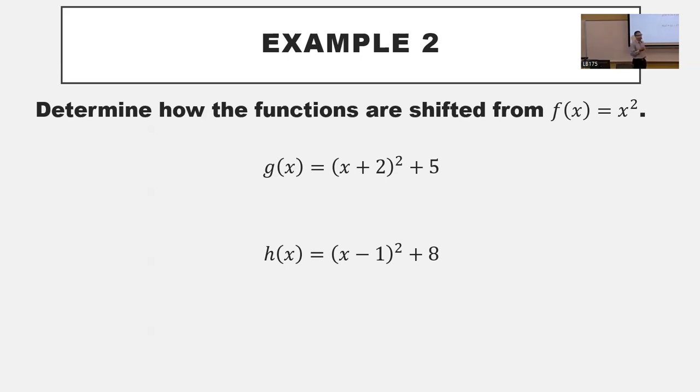Normally, let's talk about that lowest point on the parabola, which is called the vertex. That happens at the origin with our base function of f of x equals x squared. In other words, when you plug in 0, you get out 0. When you do x - 1, basically, we're asking, what do I need to plug in for x to get out 0 in the (x - 1) squared part?